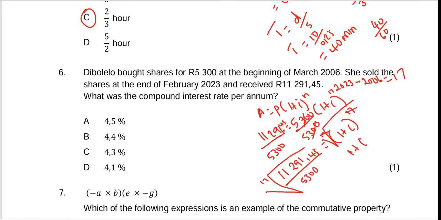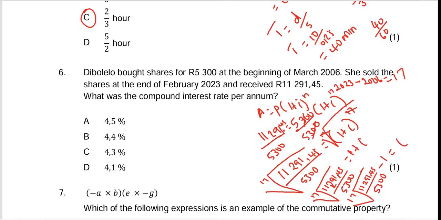I'll be left with 1 plus i, and this side is going to be the 17th root of 11,291.45 divided by 5,300. And then I will take this 1 to the other side. It's going to be the 17th root of 11,291.45 over 5,300 minus 1 equals i.